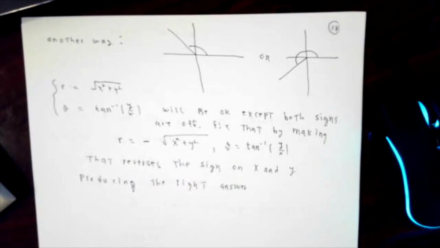This is going to reverse the sign on the calculated x's and y's, and since they were already wrong by a sign, this will fix you up. The negative of the negative of a correct answer is the correct answer.